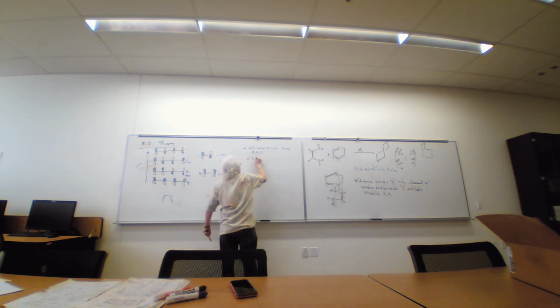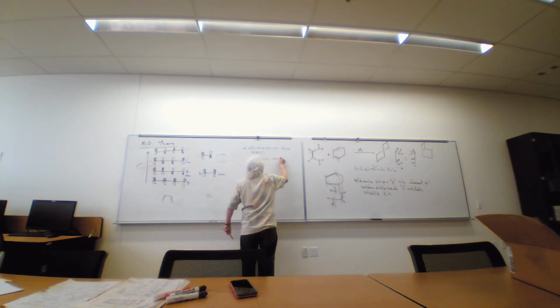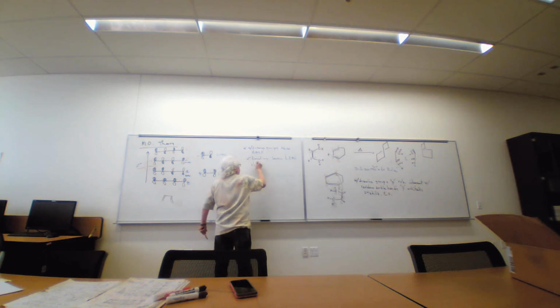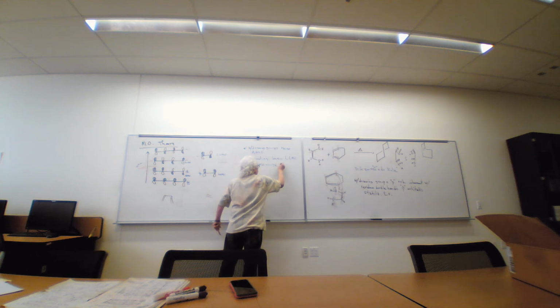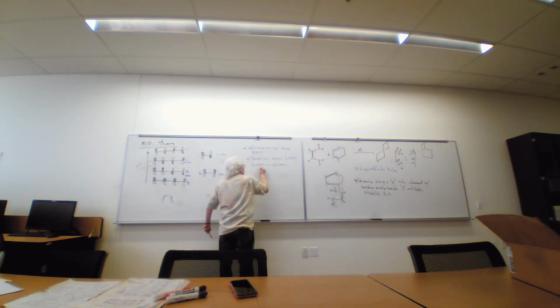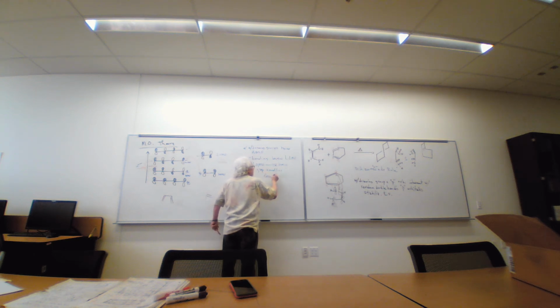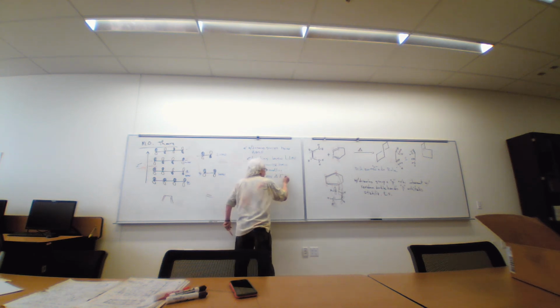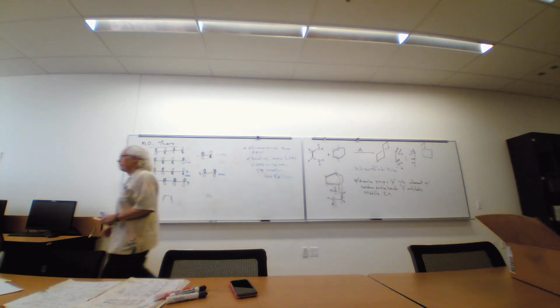Electron donating groups lower the LUMO, and therefore the HOMO to LUMO gap is smaller, so therefore less delta E for the reaction, less energy of activation required.